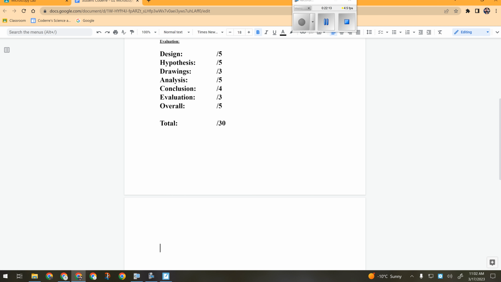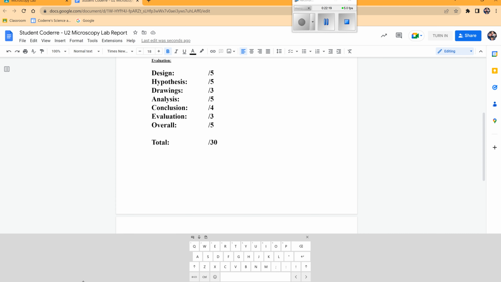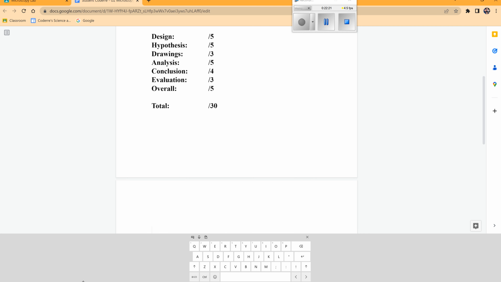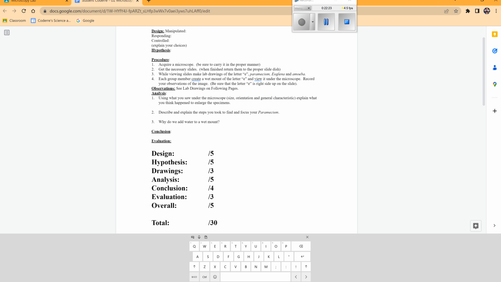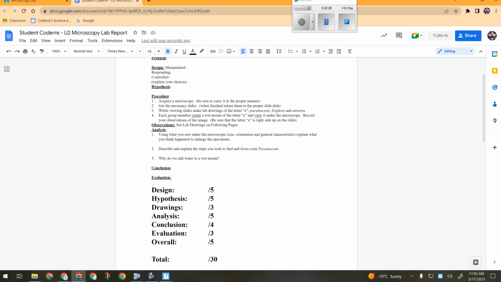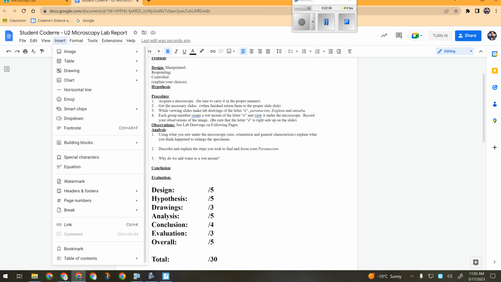Okay, and then I'm going to insert, if I get my toolbar right. There we go. Now I get the keyboard. Okay, I'm going to go to insert, and I'm going to go to drawing.